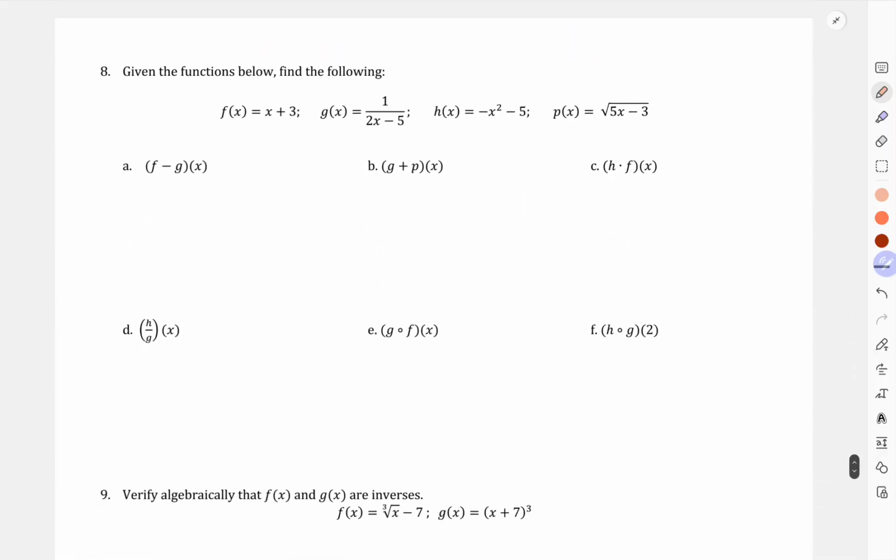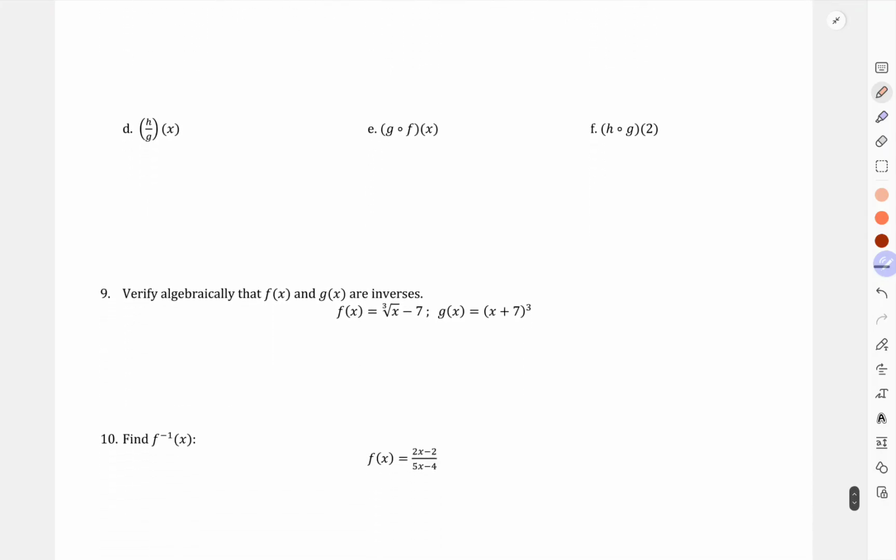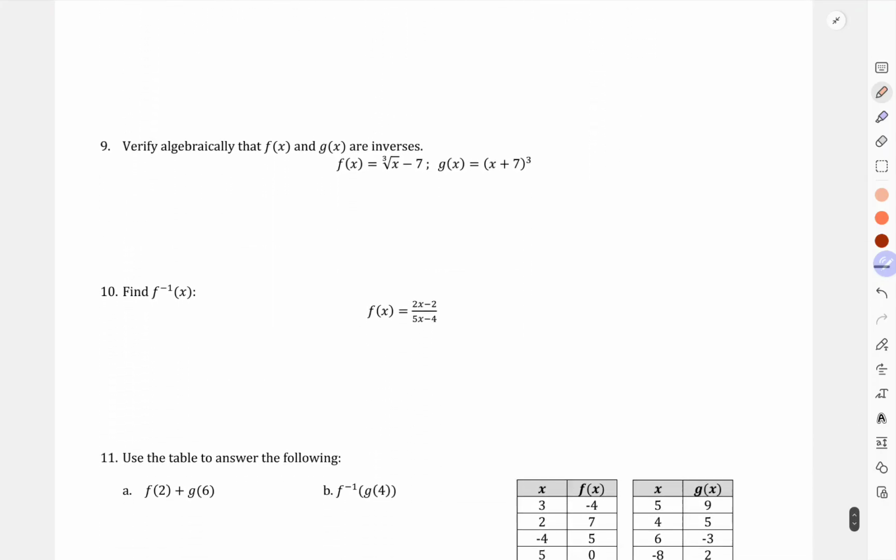Alright, let's go for the next ones. This one seems to be a little bit easier to solve because it's verifying that they are inverses. Inverses are very important. Essentially what you do with these is you plug each equation into each other to find if they are inverses or not.